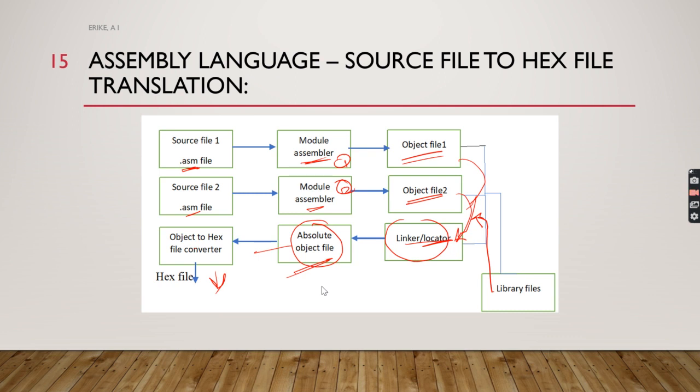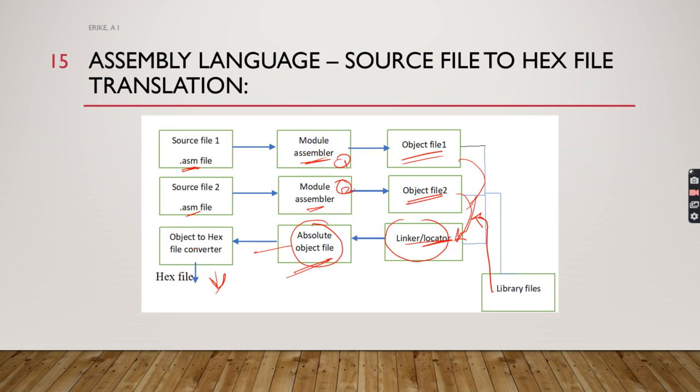At that point, a software utility called the object to hex file converter will translate the absolute object file to the corresponding hex binary file, and it is this hex binary file that you finally dump into the program memory.